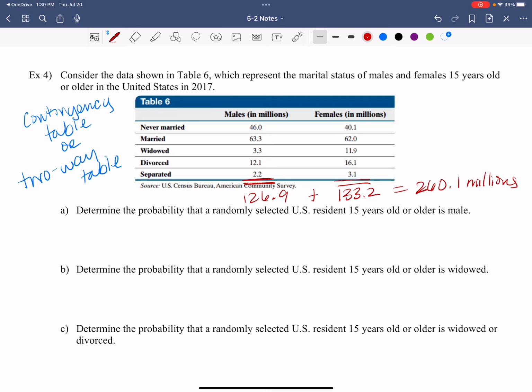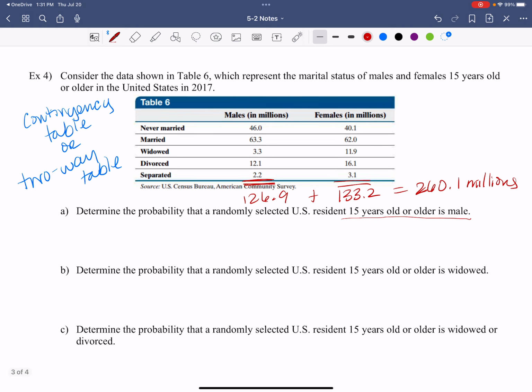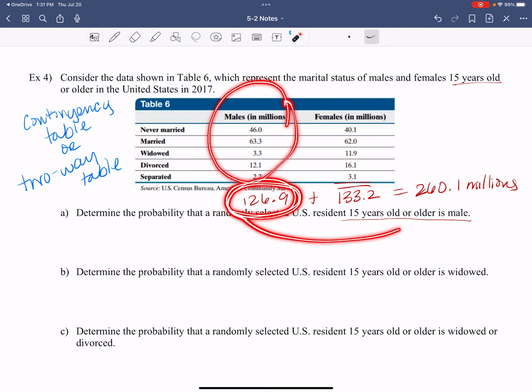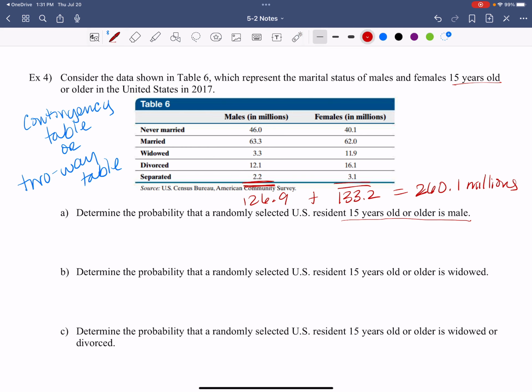Okay, so if I want to determine the probability that a randomly selected U.S. resident 15 years old or older is male, because that's what my criteria is, then my male column is here, so the quantity of male out of my total. Do you see how it's always part out of whole?